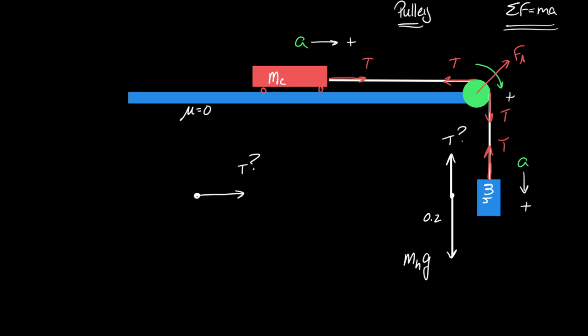Now here's the important question, the one that I need you to be thinking about. Are these two tensions the same? And this is where you don't have the information that you need. Those two tensions are only the same if the pulley has no inertia. Now, how do you know?